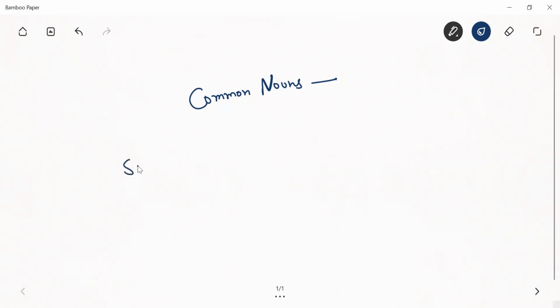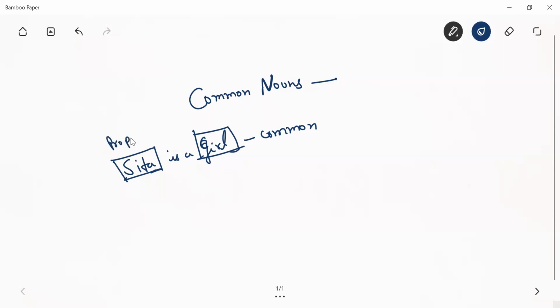Suppose we say Sita is a girl. Over here, girl can be anyone. It's common. We can talk about any girl. But when we take the name Sita, Sita is a proper noun because it is the specific name of someone.